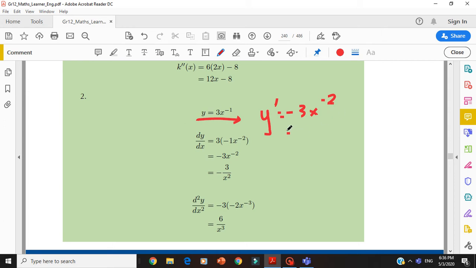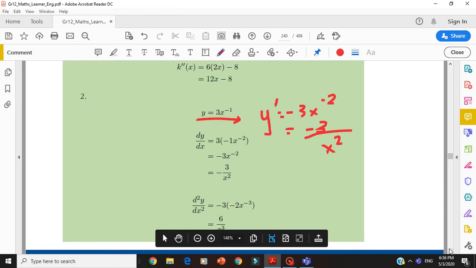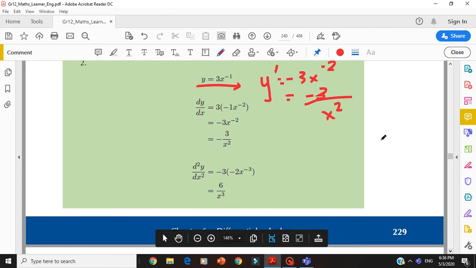But I want this as a positive exponent, so I rewrite the coefficient on the top and write x squared at the bottom, and the negative falls away from the exponent. And then you can see that here.